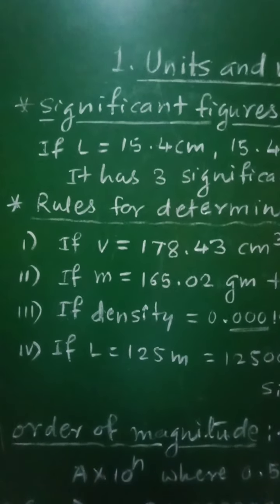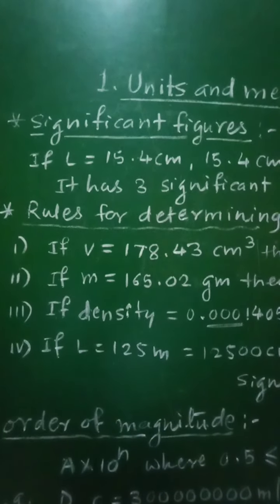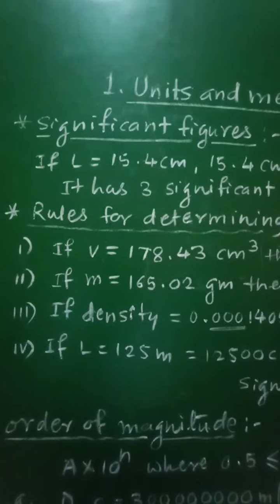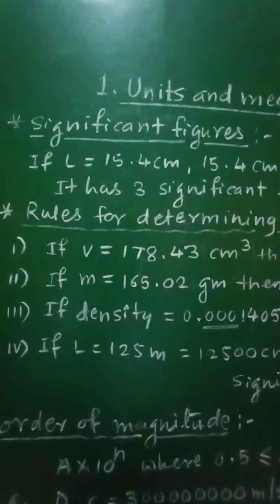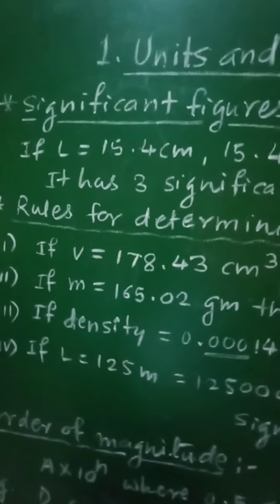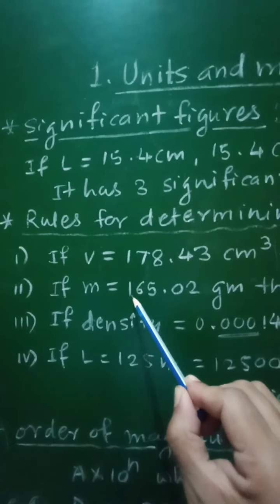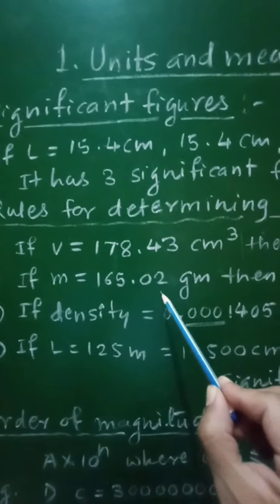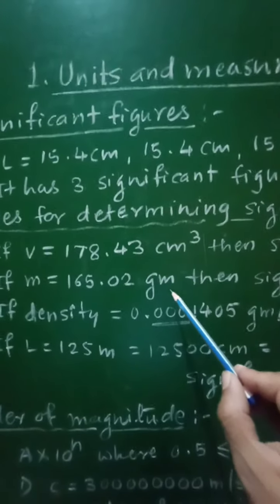The second rule is that all the zeros between two non-zero digits are always significant. As an example, if the mass of an object is given as 165.02 gram, then we have to find its significant figures.